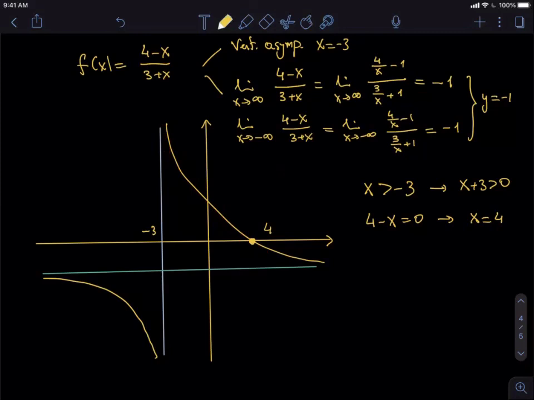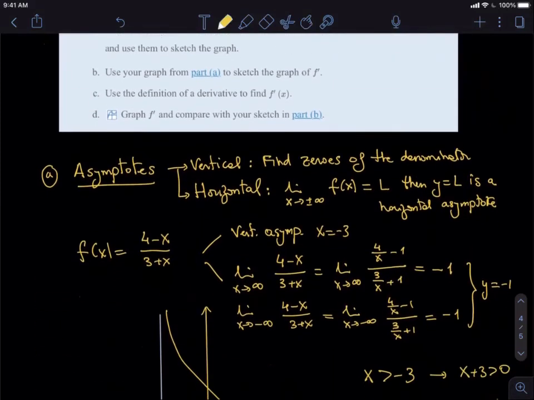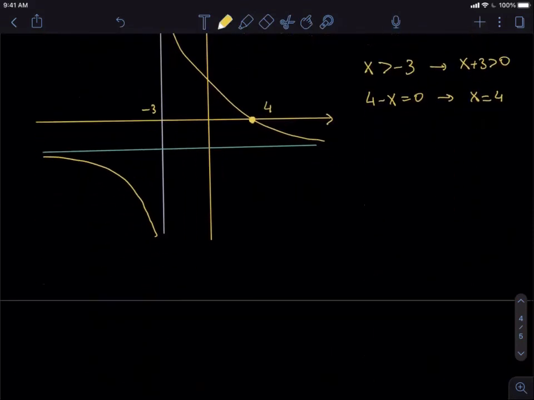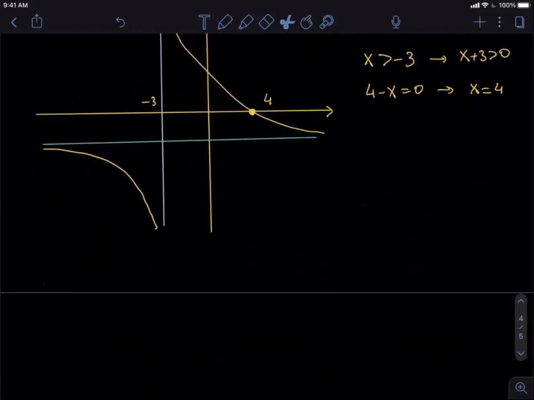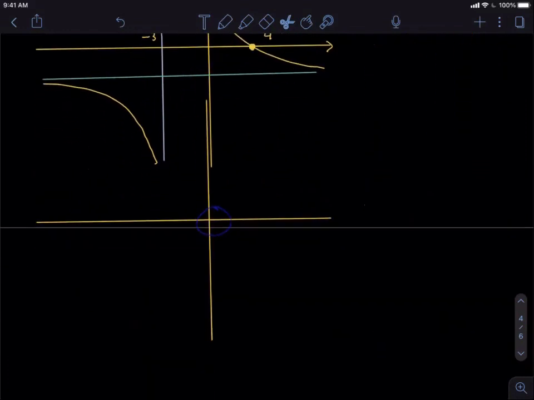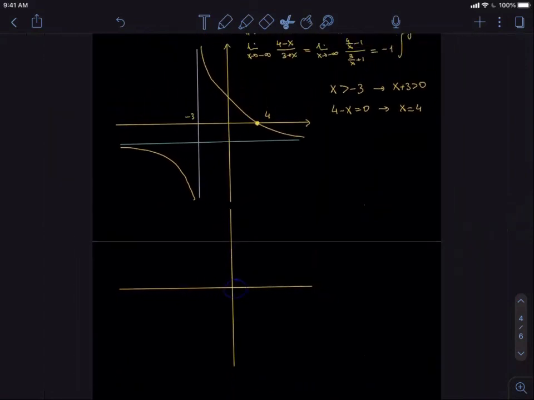Now, this was part A. For part B, we need to use this sketch to sketch the graph of the derivative. So let's copy the axis. Here it may help to zoom out.